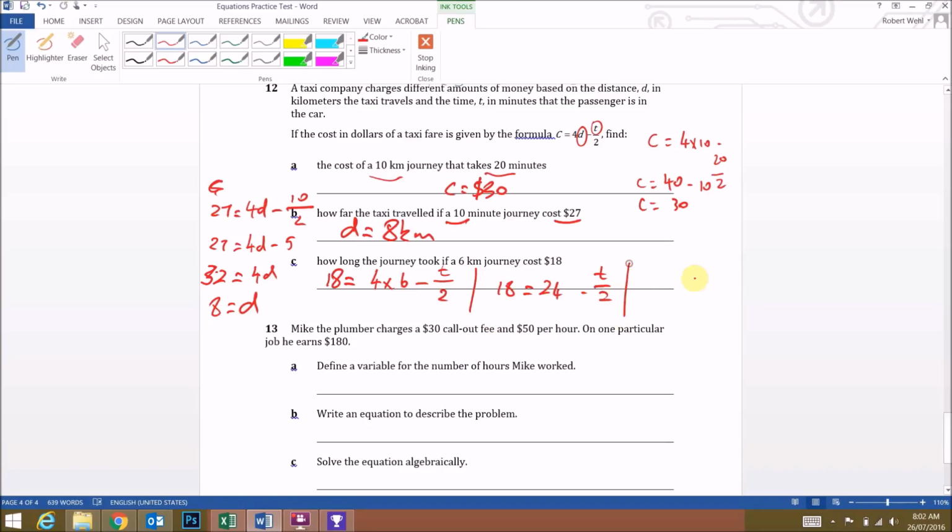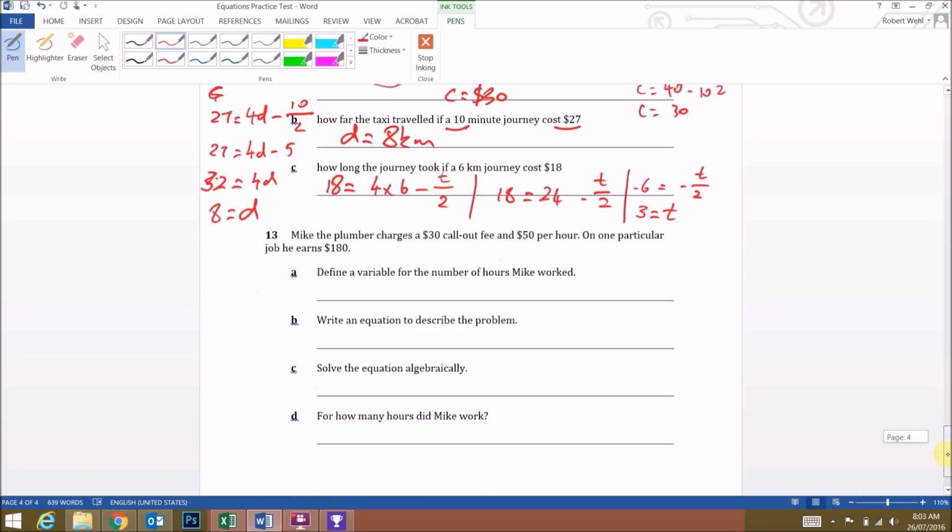Now I isolate. So once again, we end up with negative numbers because I've got to divide -6 by -2, which gives me 3.